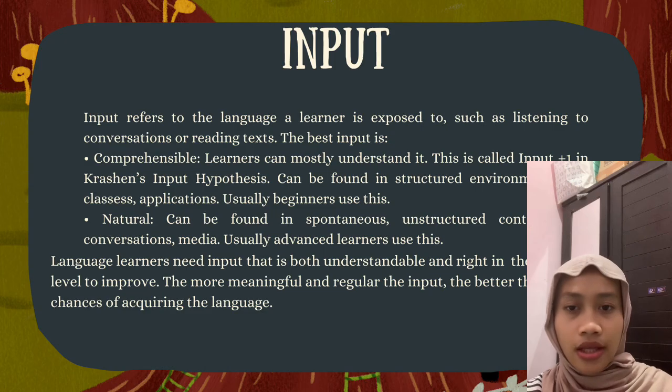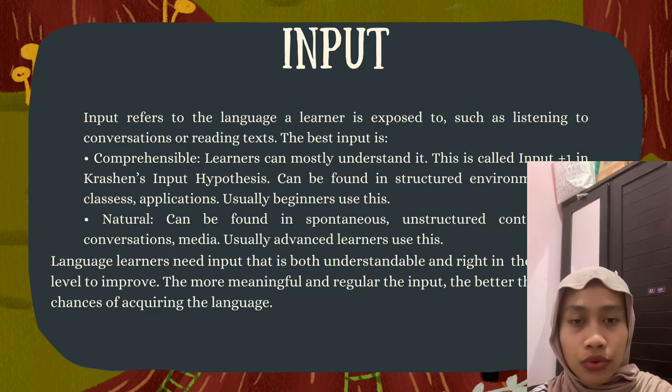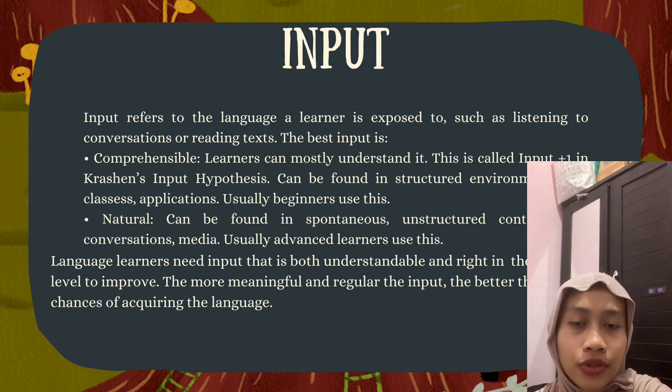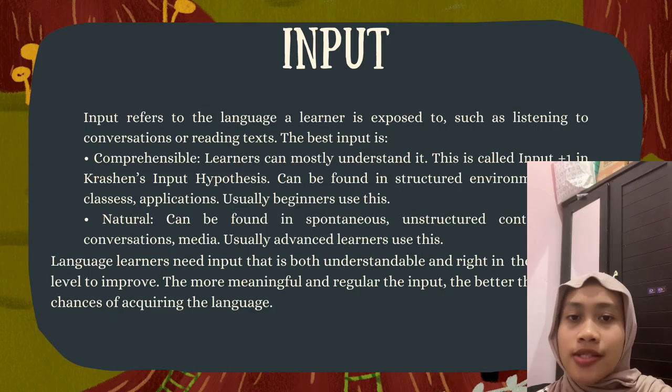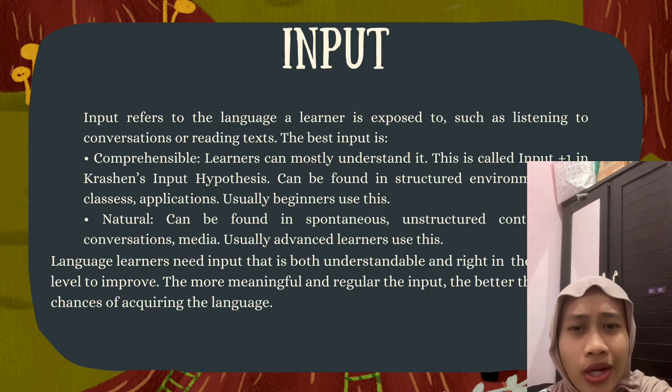And the fifth one is input. In this context, input refers to the language a learner is exposed to, such as listening to conversations or reading text. The best input comes from, the first one, comprehensible input. This can be found in textbooks. Learners can mostly understand it, but still find it quite challenging.